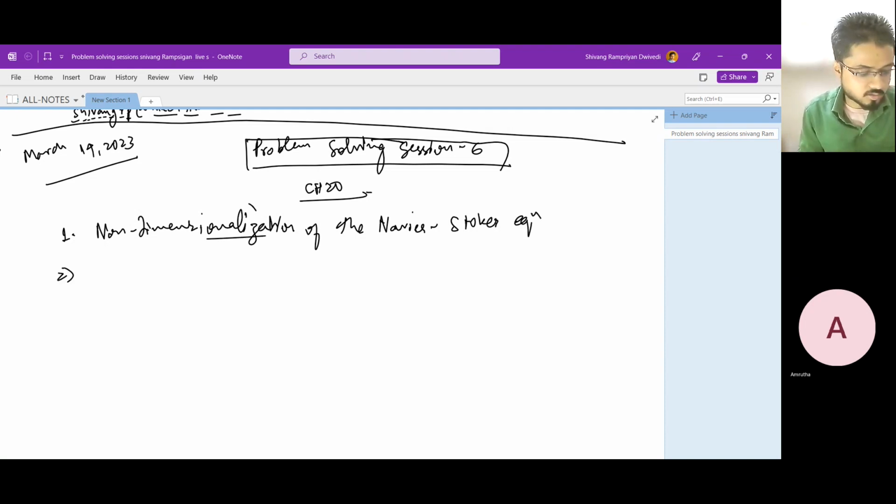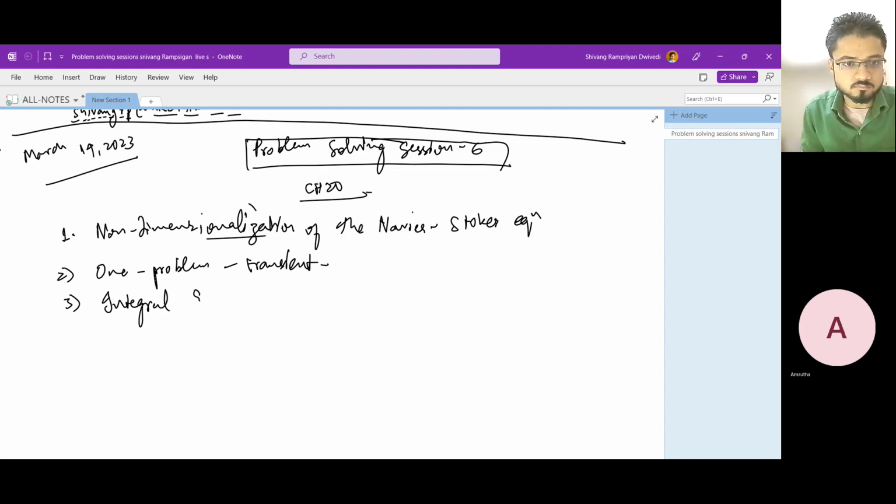The second part that we'd be covering is one problem, a transient problem that has not yet been discussed in the live session. The third part would be the integral solution to the boundary layer problem.